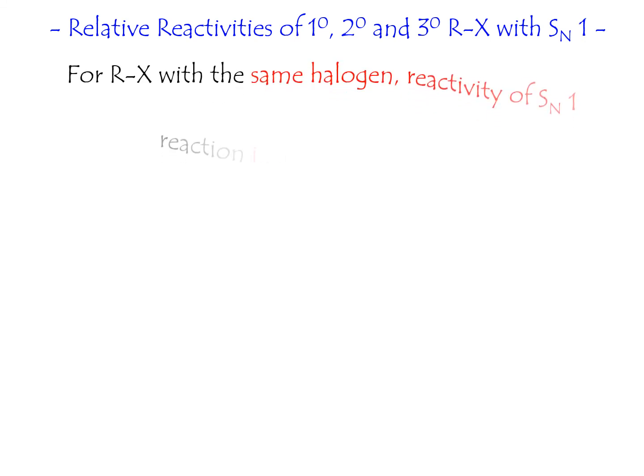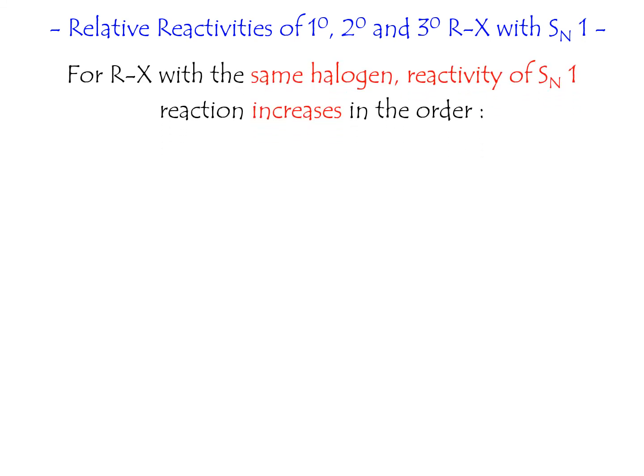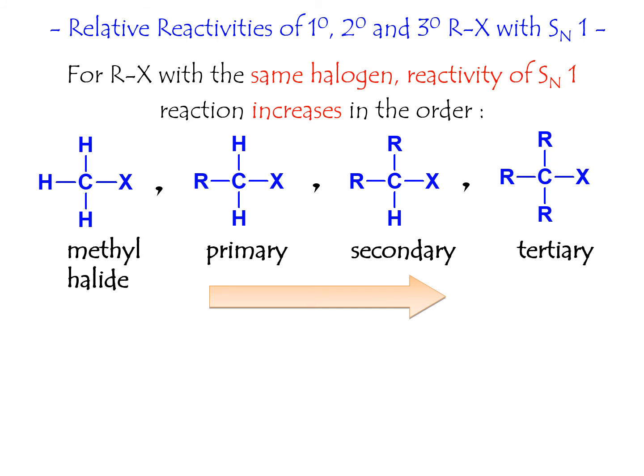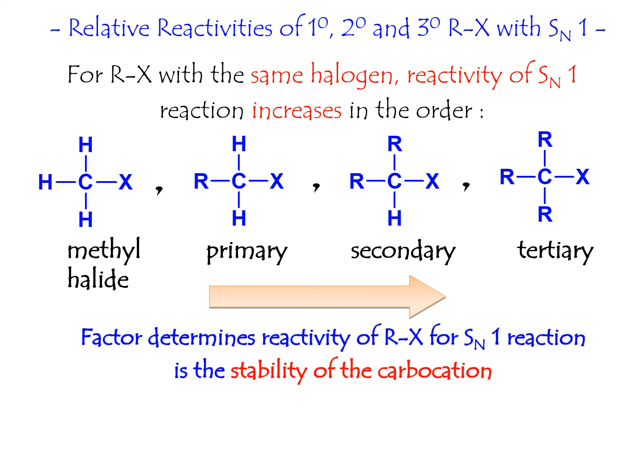For haloalkanes with the same halogen, the reactivity of the SN1 reaction increases in the order methyl halide, primary, secondary to tertiary haloalkane. It is according to the stability of the carbocation. The stability of the carbocation increases from primary to tertiary carbocation.